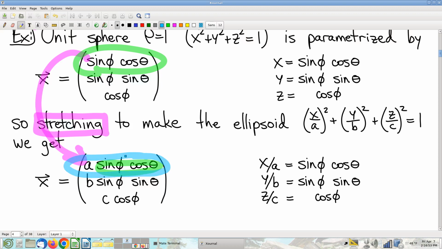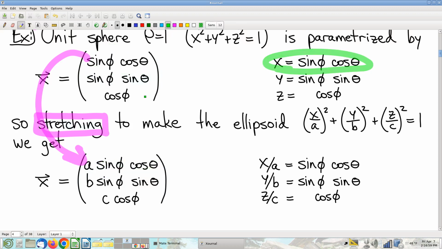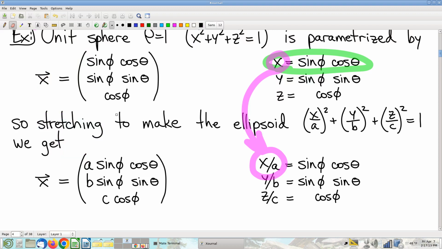Whereas, on the other hand, over here, I'm viewing this now not as a formula for x, I'm viewing this as an equation involving x, and I'm replacing the variable x itself within that equation with x over a.